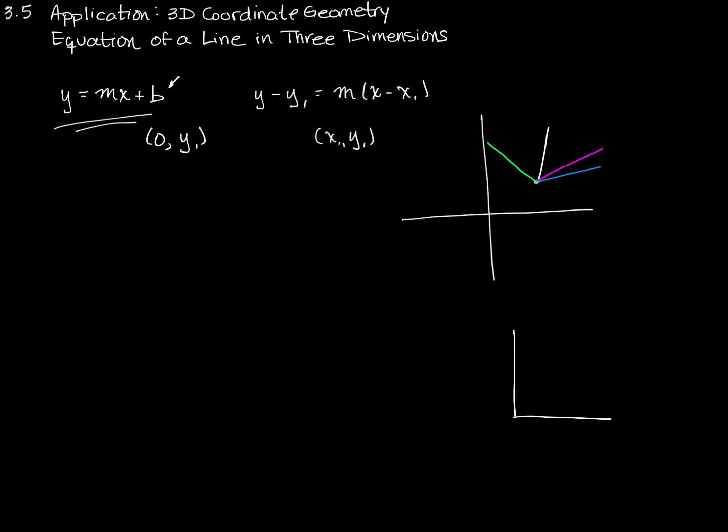If we have a point floating in space somewhere, and a direction of some kind. The direction, well, let's go back to the point for just a second. Let's call this point x naught, y naught, z naught.